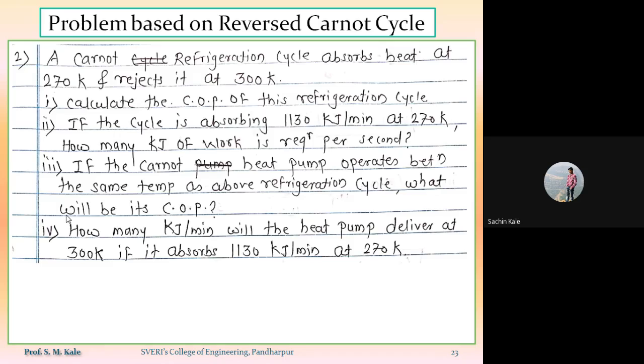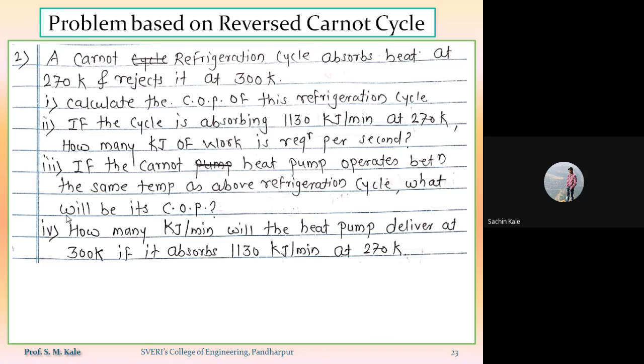So here we have to find out the value of COP of this refrigeration cycle. This is the first part. Second part, in the same cycle, heat absorption is taking place at 270 Kelvin and that amount of heat absorption is 1130 kilojoule per minute.